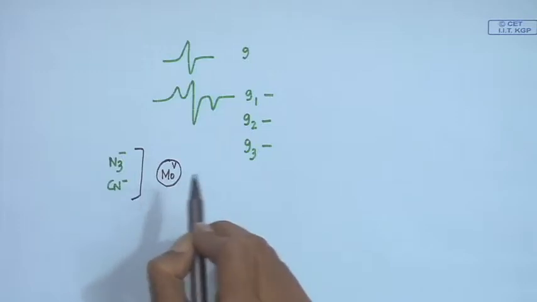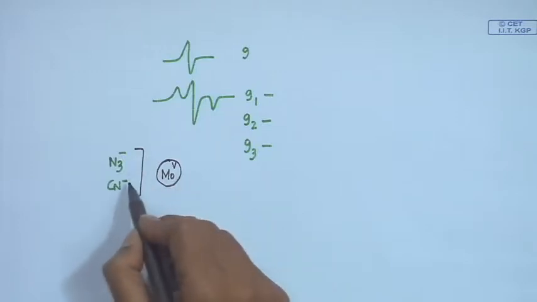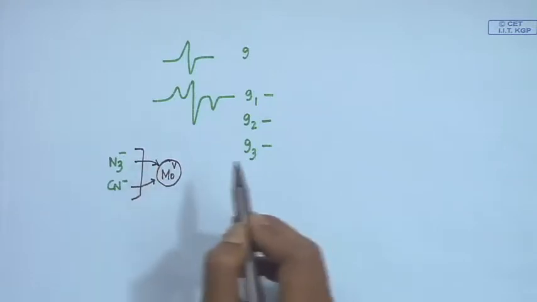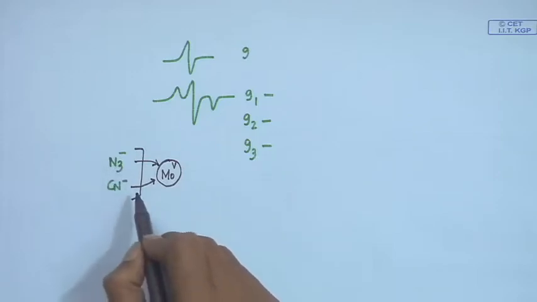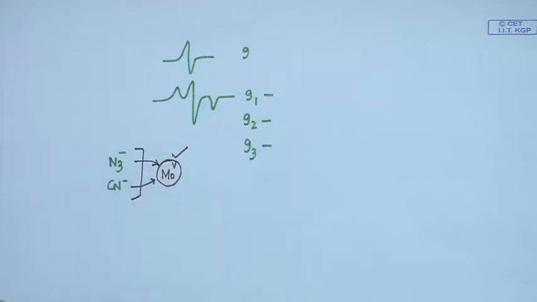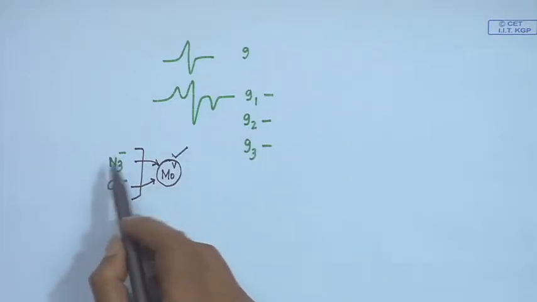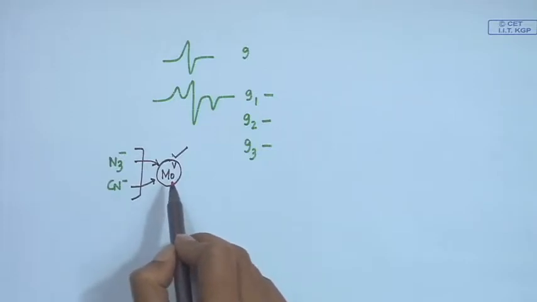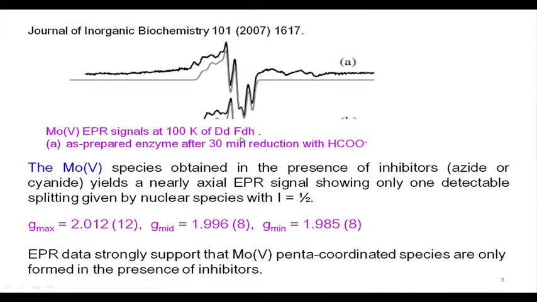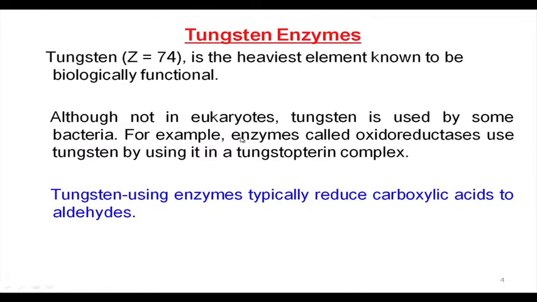But if we want to stop that particular reaction, we use these as the inhibitors, and they basically go and bind, because both azide and cyanide have the tendency to bind to the molybdenum site and stabilize this +5 oxidation state. To get the corresponding EPR signal for the intermediate, we use some reagents which are the inhibitors, which can stabilize the molybdenum in +5 oxidation state, and we get the corresponding EPR signal for the molybdenum 5. So, these inhibitors are therefore important to have.